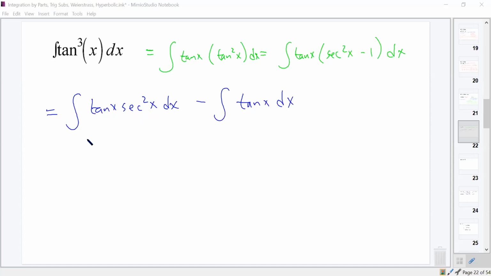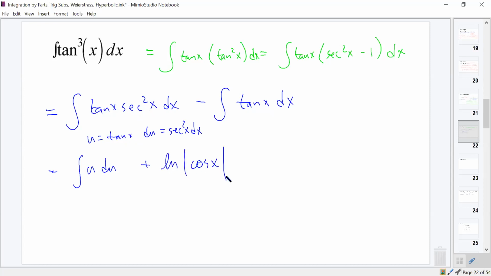And so we'll note that this tangent x secant squared x, we can do our u sub, u equals tangent, du equals secant squared x dx. And we integrate now u du. And what's the integral of negative tangent x? Well, that ought to be positive natural log absolute value cosine x.